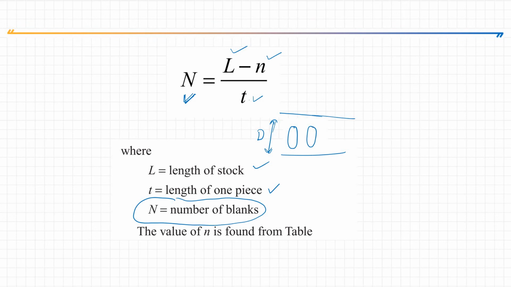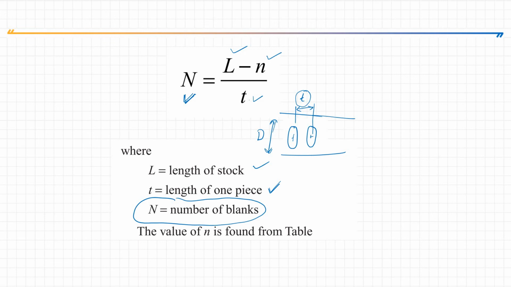So the distance between the center of this blank and the center of this blank is called small t.